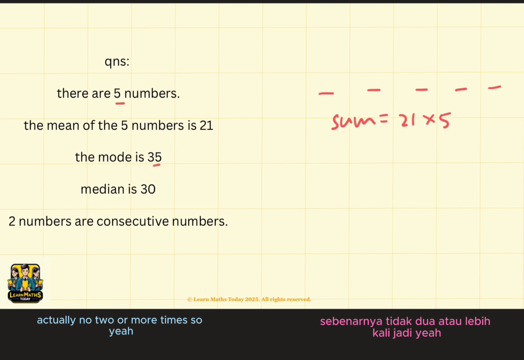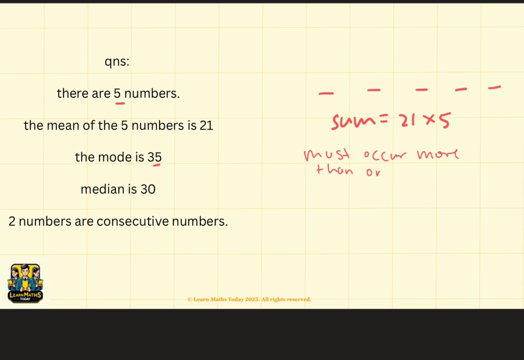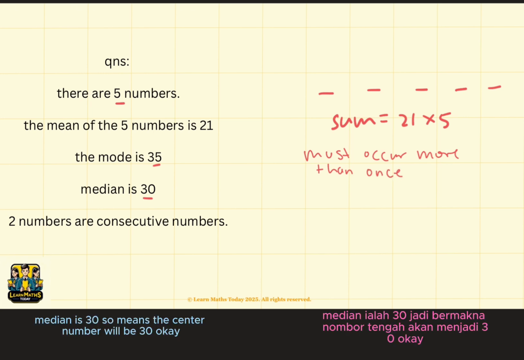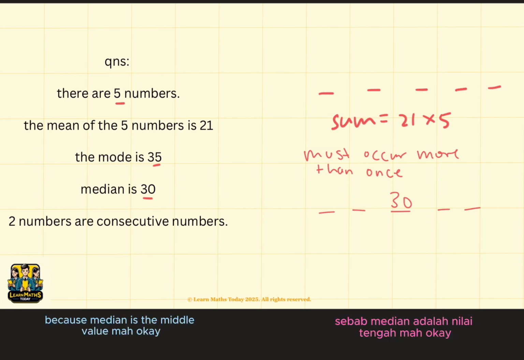So this must occur more than once. Okay, median is 30. So means the center number will be 30. So like that, it'll be 30. Okay, because median is the middle value.